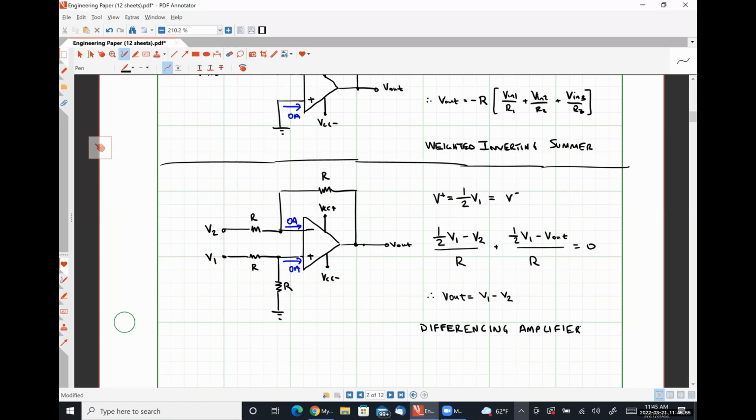Yeah, so if we wanted to do 3V1 minus V2. I'm just thinking about how we would do that, because inherently the voltage divider at the non-inverting input terminal side is going to give you a smaller result.